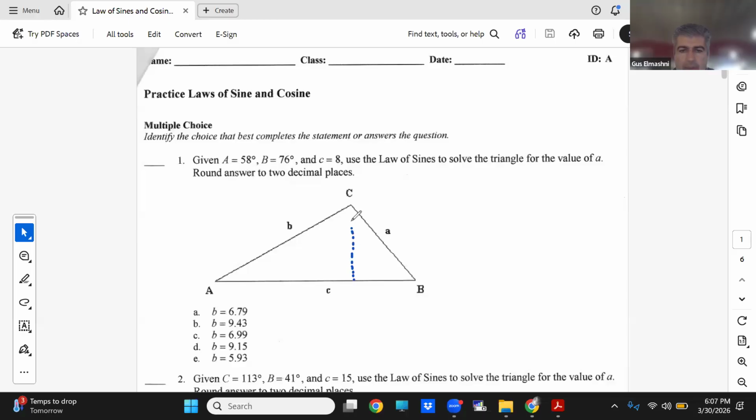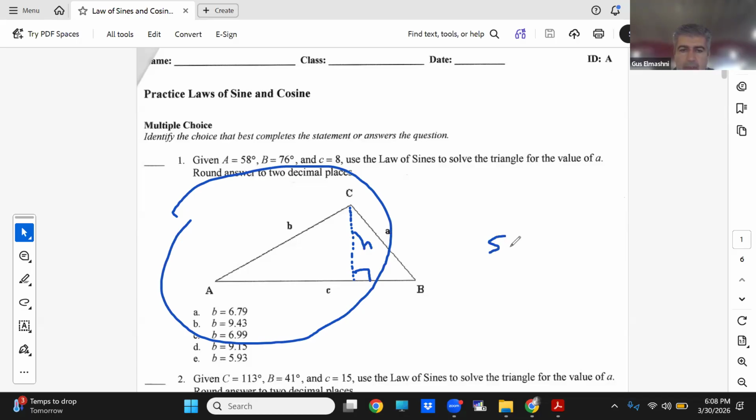If you were to drop an altitude like this and call this H, let's focus on this triangle right now, right? Sine of angle A is H over B, right?